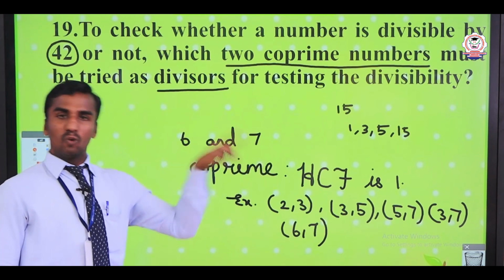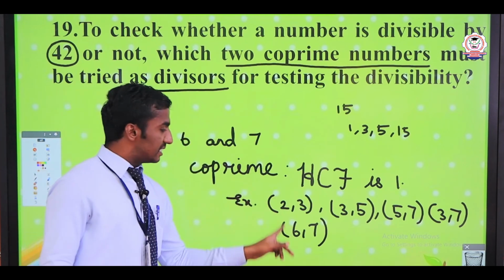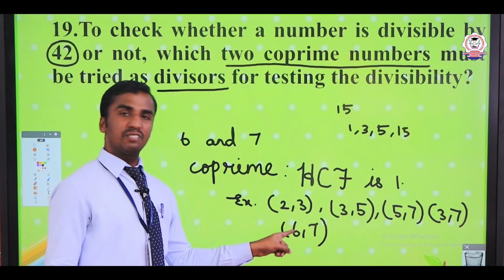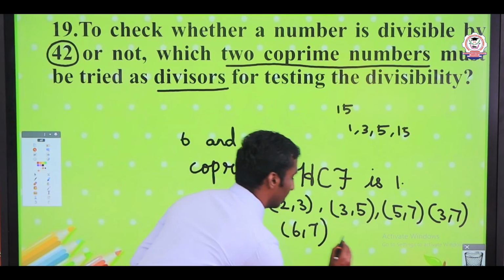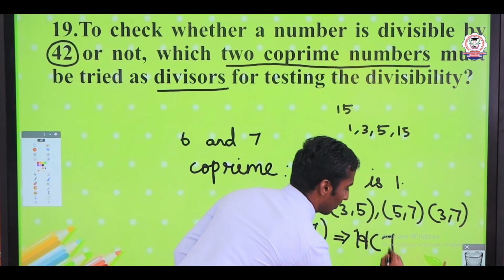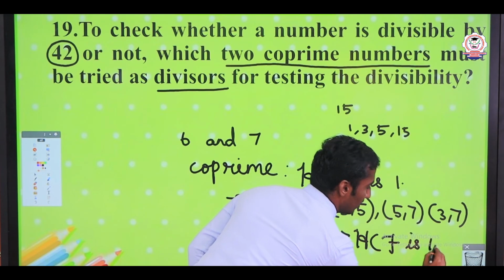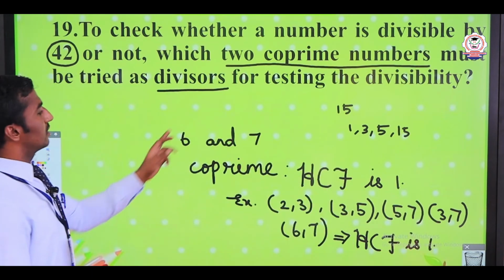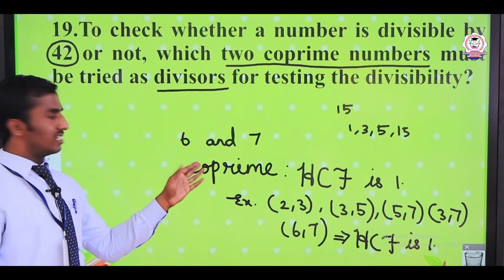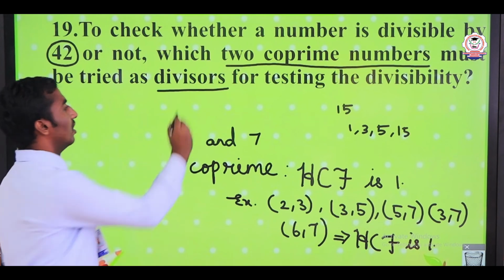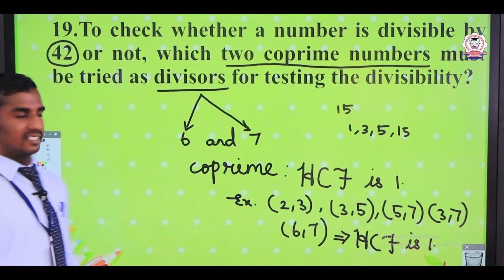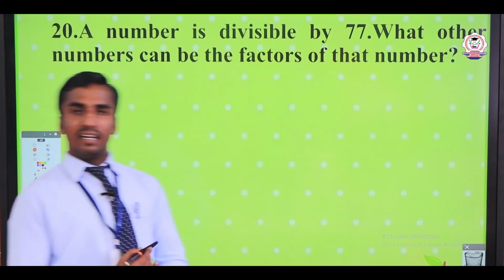The two co-prime numbers are exactly 6 and 7, because their HCF is 1. So the two co-prime numbers are 6 and 7, and the divisors are also 6 and 7.